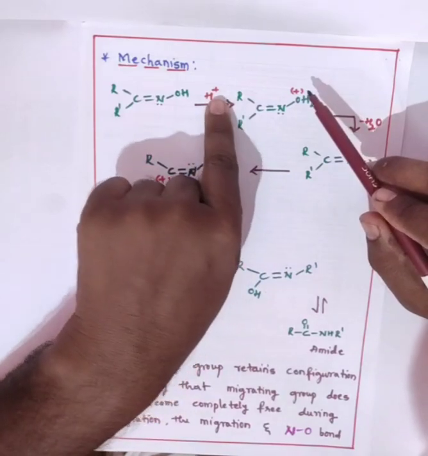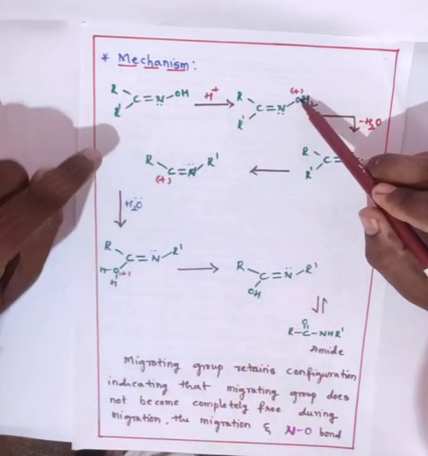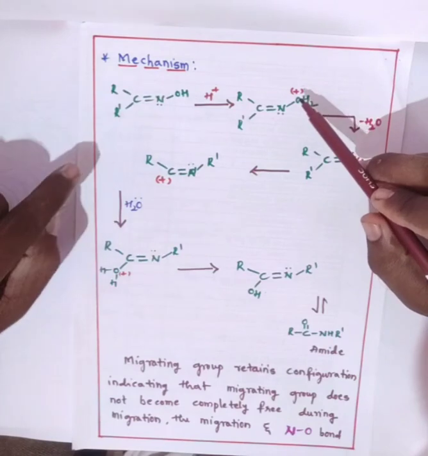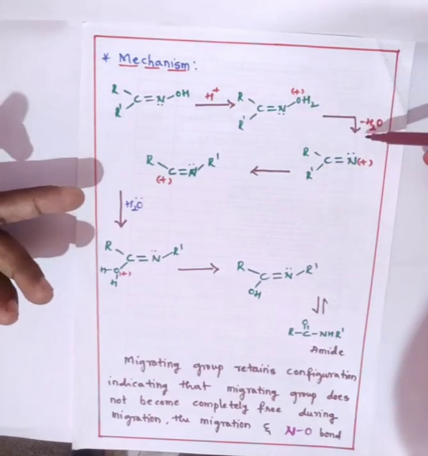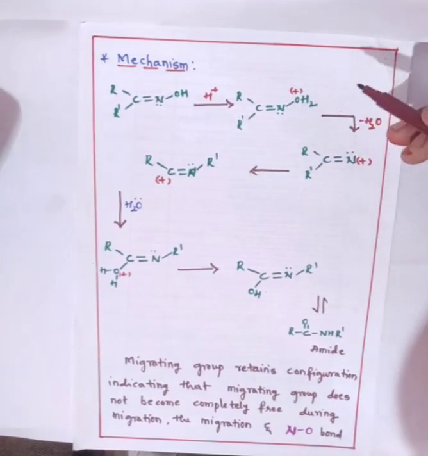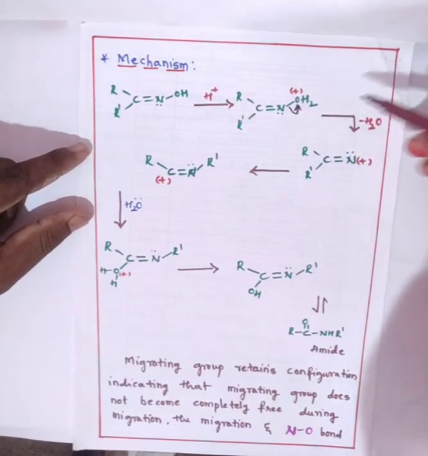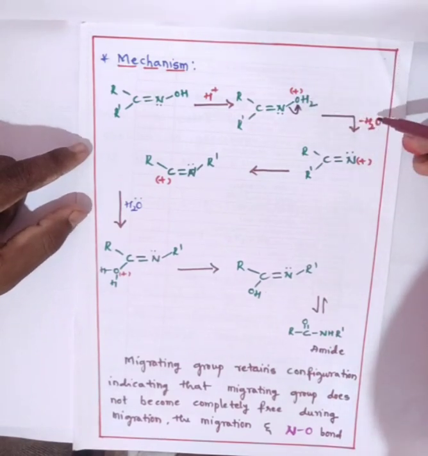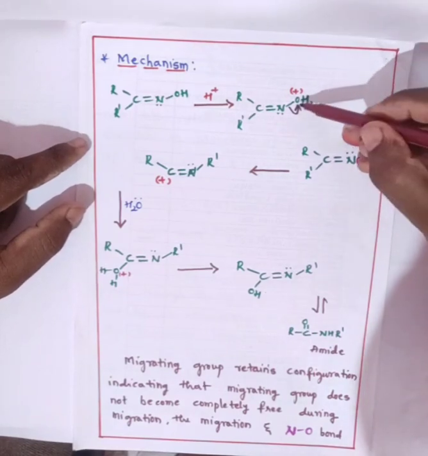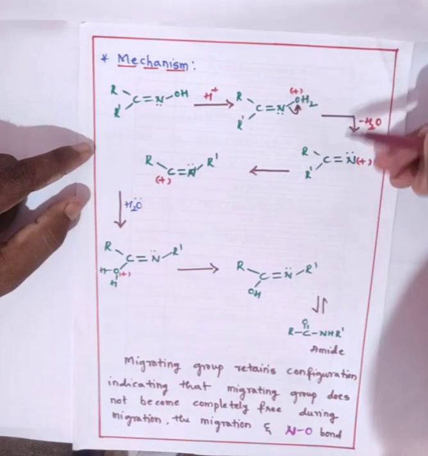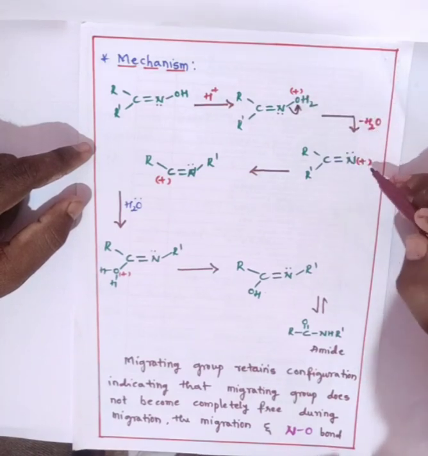After H plus attacks the oxygen, the OH converts into OH2 plus; the plus charge is because oxygen donates one of its lone pairs. Then in the next step the water molecule is removed, because oxygen regains its lone pair by taking the bonding electrons towards itself and leaving as H2O. After eliminating H2O, the N gets the positive charge.